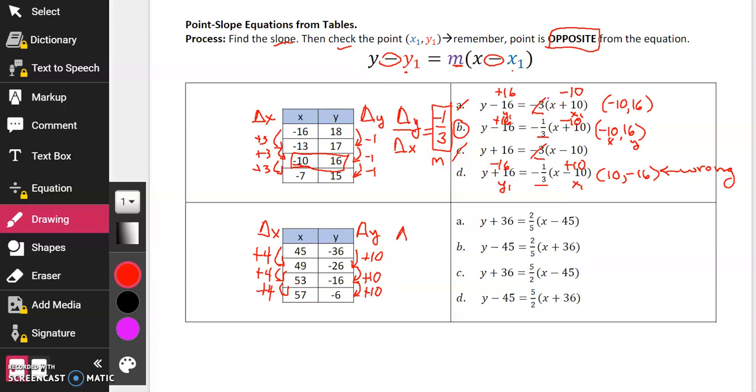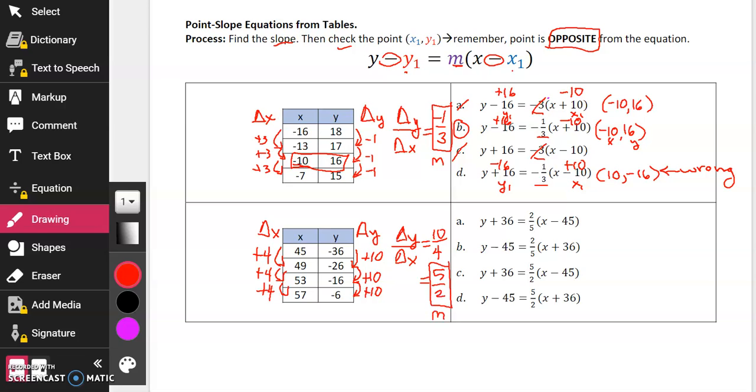Then change in y divided by change in x is 10. Don't flip it. Change in y is 10, and then we have over 4. I want to simplify that. I could go into Desmos to see what it simplifies to. Both of these can be divided by 2, so that's going to be 5/2. That's going to be my slope value.